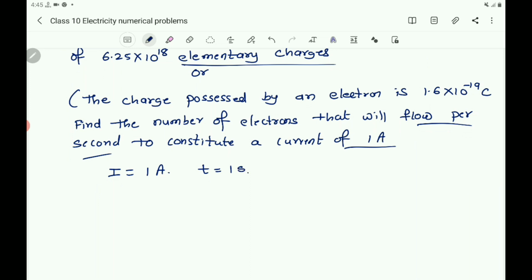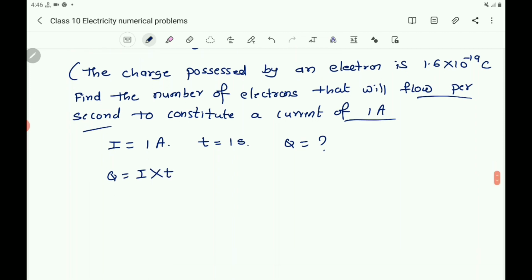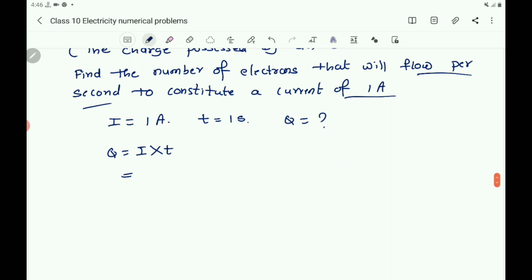And what you have to find out? Q. So you write Q equals I into T. You know that current is 1 and time is also 1, that equals 1 C.